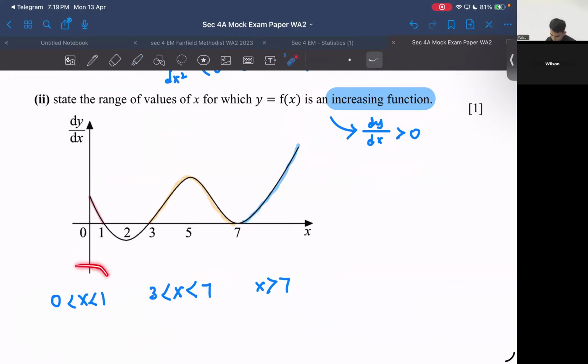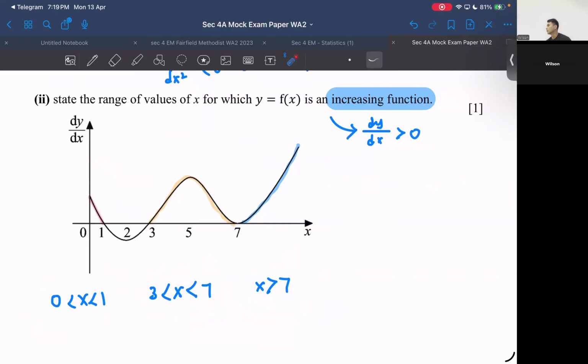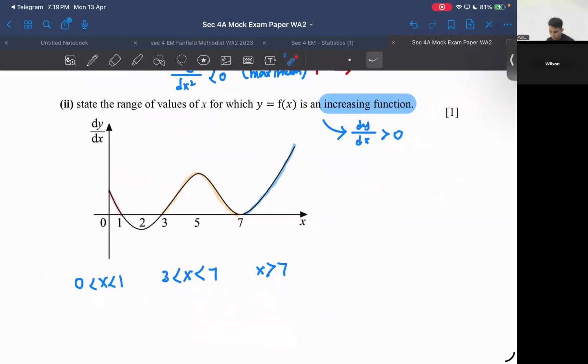So these are the range of values in which your function is an increasing function. Now this one is a tricky one, because this one is your dy over dx, that's your vertical axis. Okay, so far? Please go and write that down.